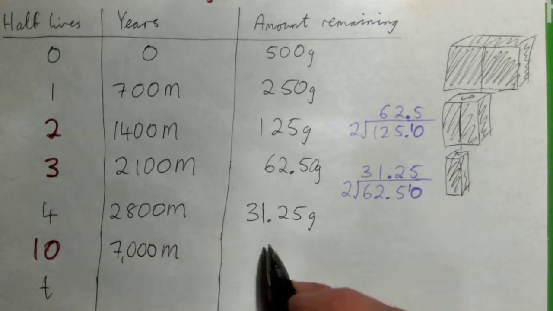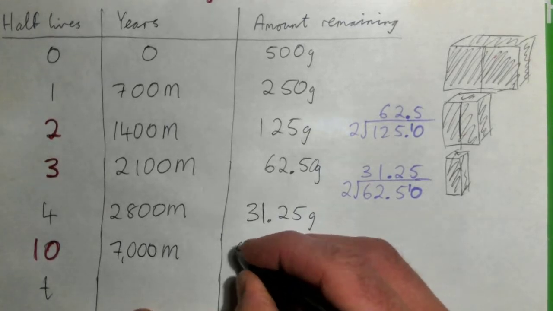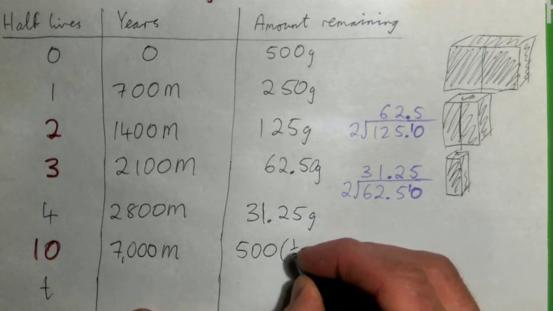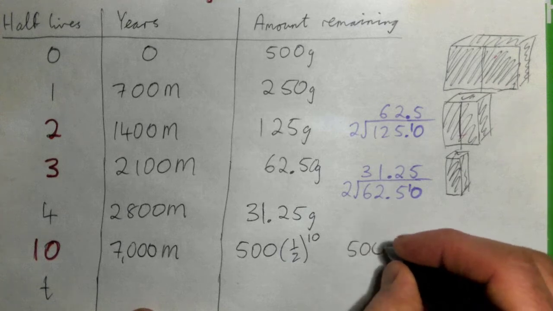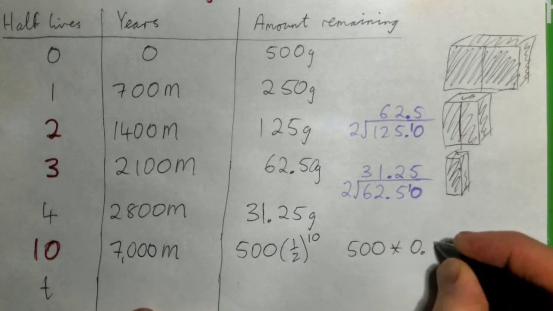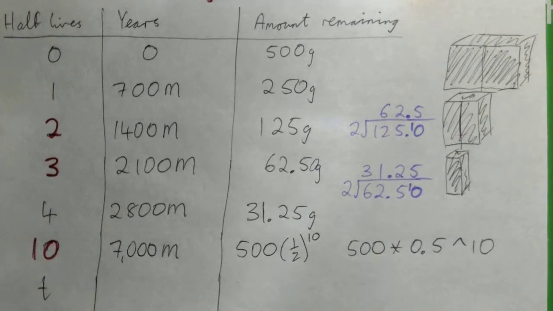And how would I figure out what was left after 10 half-lives? Good job. 500 times a half to the power of 10. Or like you say, 500 times 0.5 to the power of 10 in a calculator, and that'll give it, right?